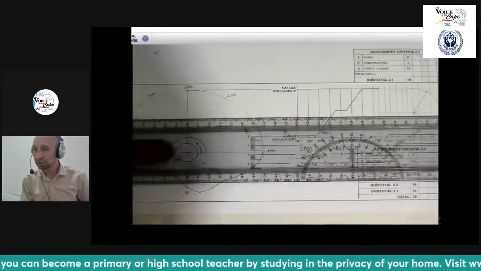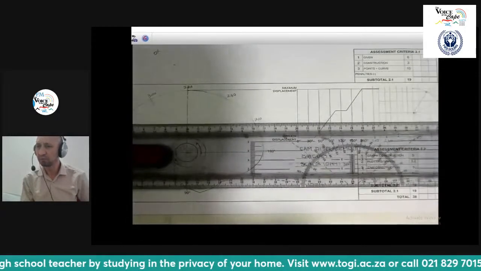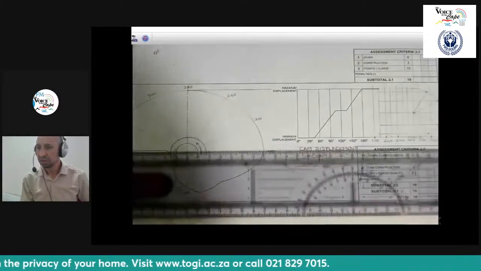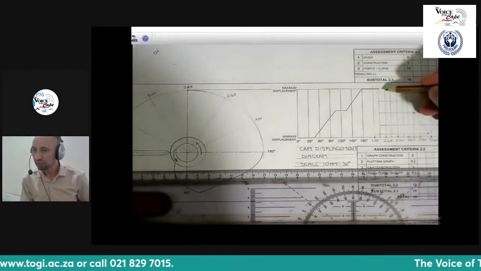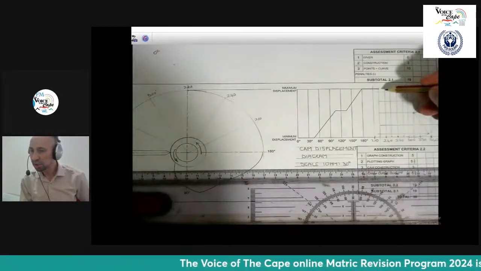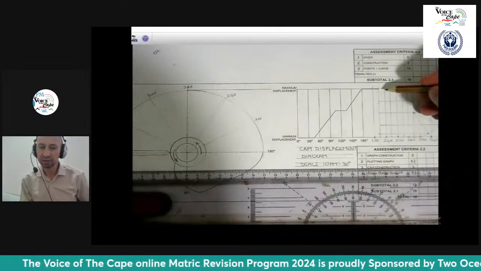Then I'm going to just project those points across, which you have done many times before in your classroom activities. So there you will see, grade 12, I will have 1, 2, 3, 4, 5, 6 horizontal spaces, and it matches my 1, 2, 3, 4, 5, 6 vertical spaces.